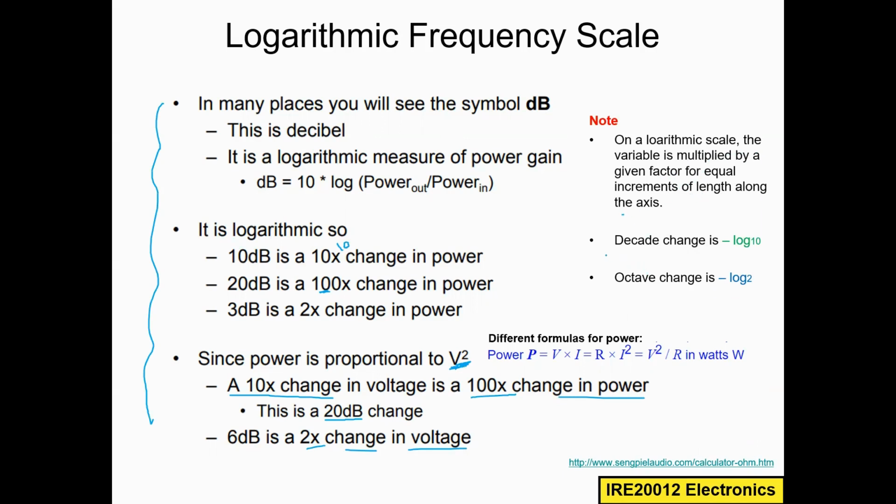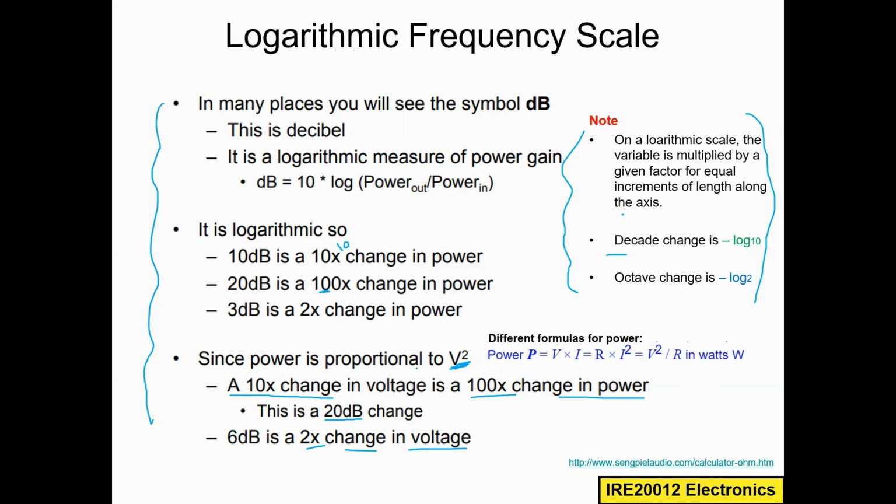That is why the decade change is log base 10, and the octave change is log base 2. Even if you get confused here, this is the overall thing you have to remember.